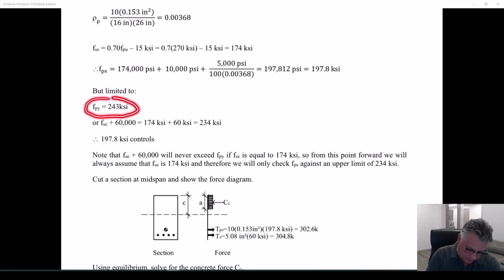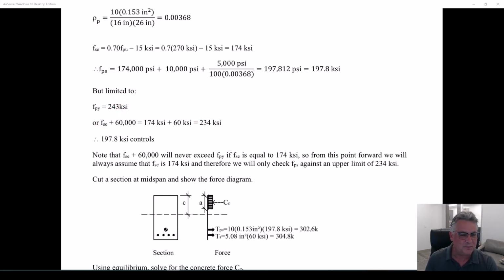The code says fpy is one of the limiting cases. fpy will always be 0.9 times 270, so it's always going to be 243 every time you do that calculation. And every time you do the fse plus 60,000, you're going to get 234 ksi. So there's not a lot of reason to do that one.